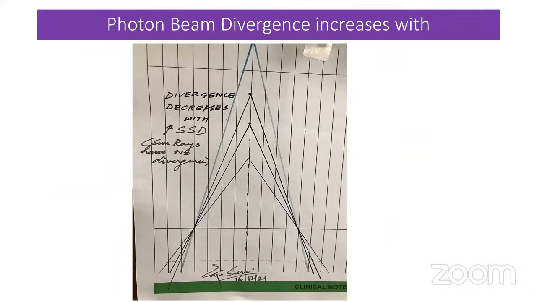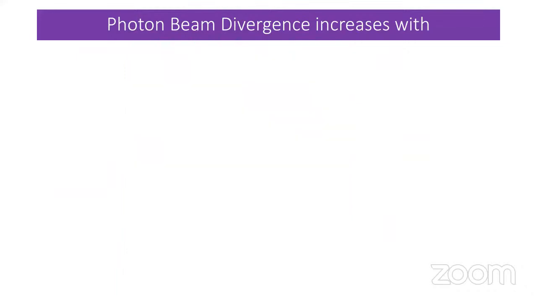So the divergence, again, this question, almost everyone gets it wrong. I don't know why. So I have put this diagram. Photon divergence increases with energy, people would say, and that is accepted.